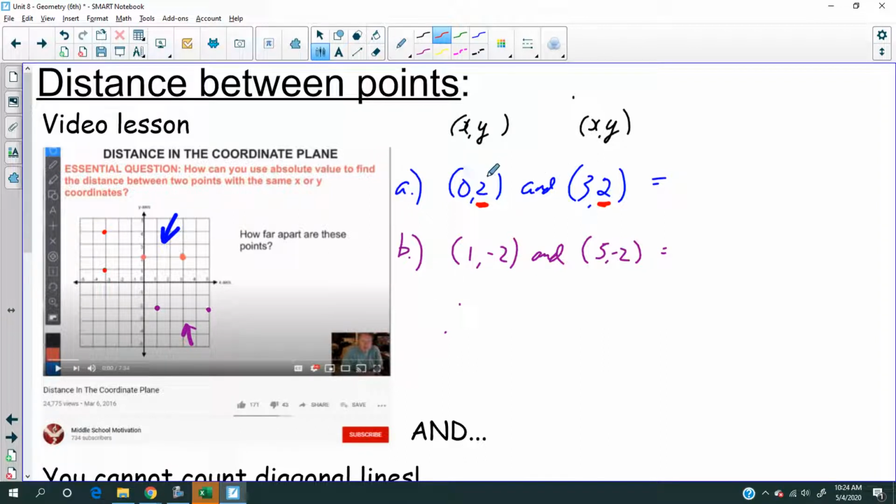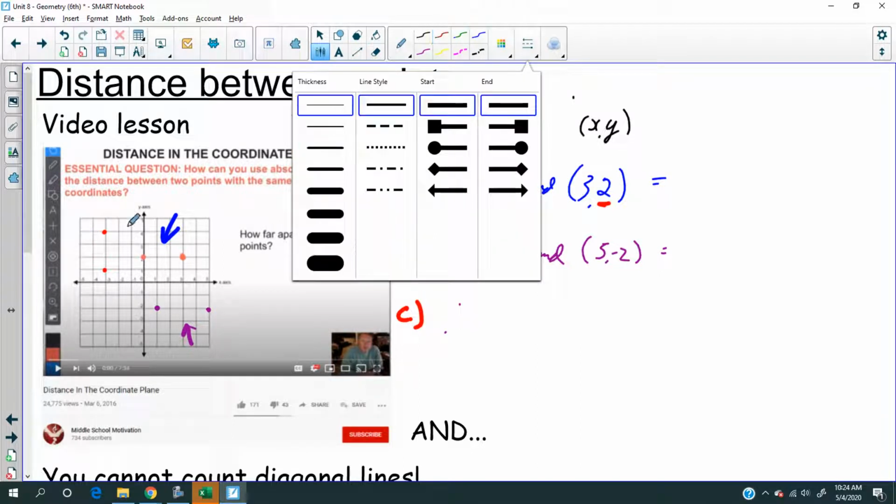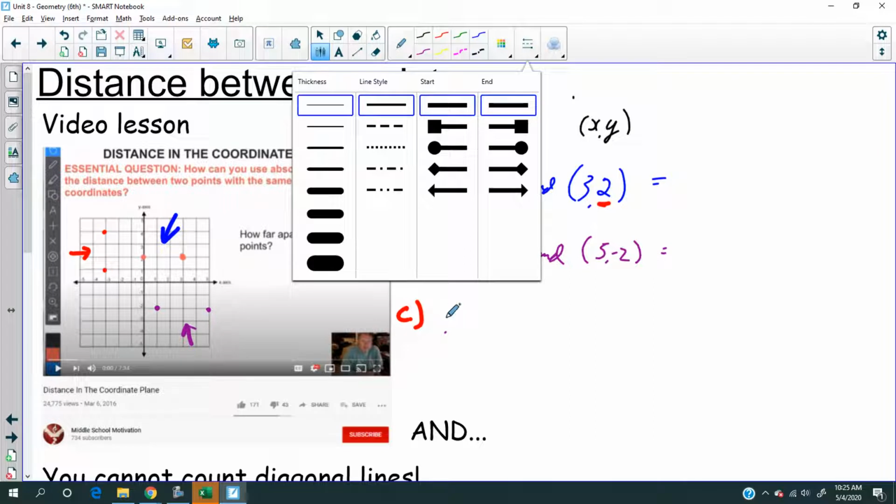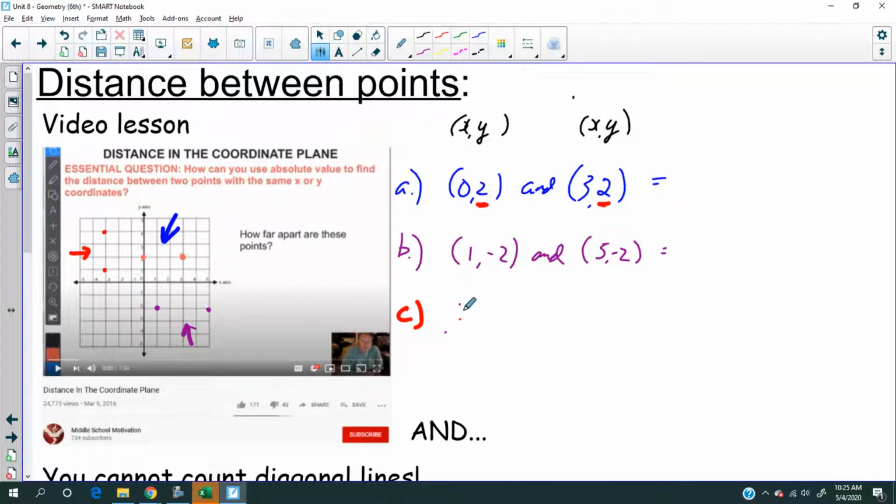Okay, so for example, let me plot this one out for you guys. Let's say we have a problem C. Problem C is right here. C is the points (-3, 4) and (-3, 1).